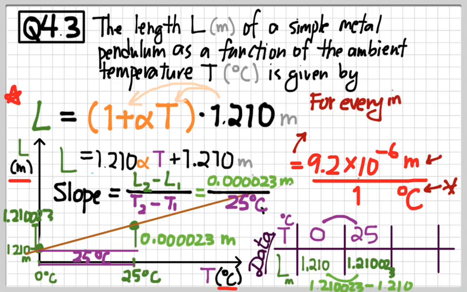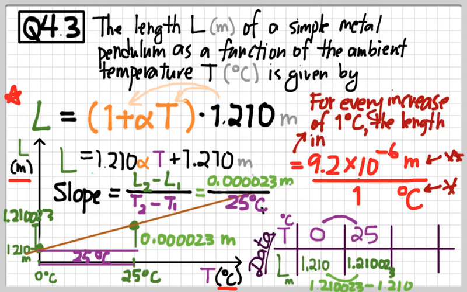For every increase of 1 degree Celsius in temperature, then the numerator says that this pendulum, the length, increases by 9.2 times 10 to the minus 6 meters.